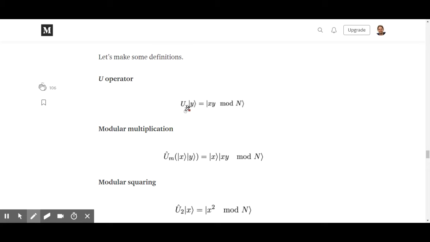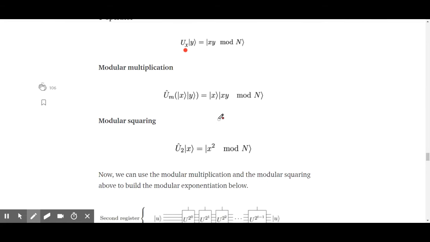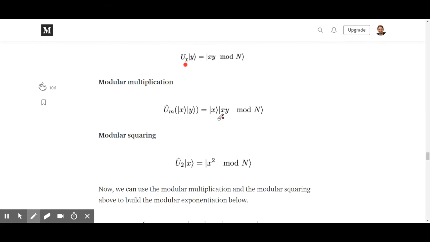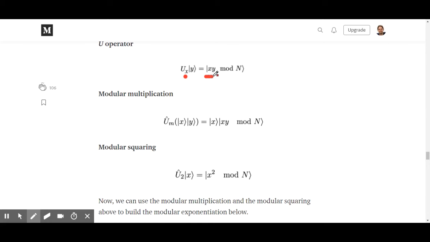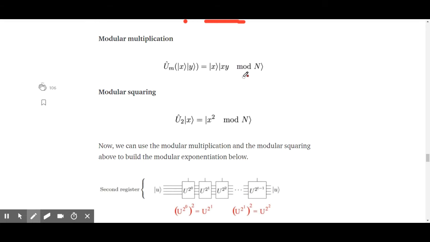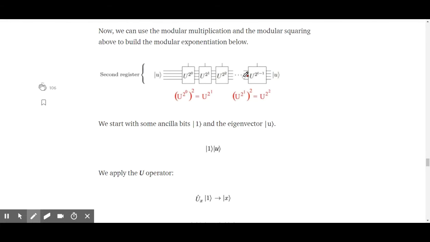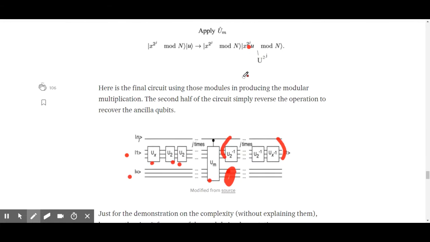So you first want to apply these in a way that it gives you this, right? That's what the whole thing is saying here.